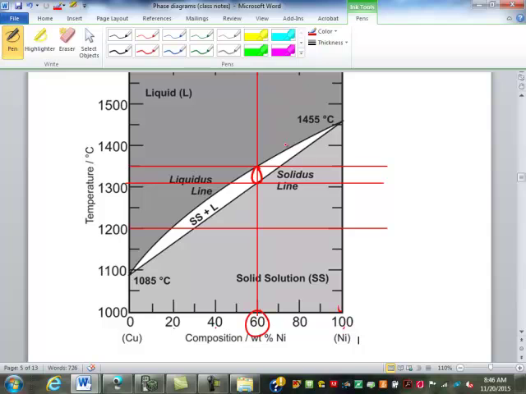The cool thing is, though, it's not all 60% nickel and 40% copper. In that mush, the liquid has a different composition than the solid. Let's pick a temperature here. So I'm going to take this third line here and I'm going to put it right there, about 1325 degrees.